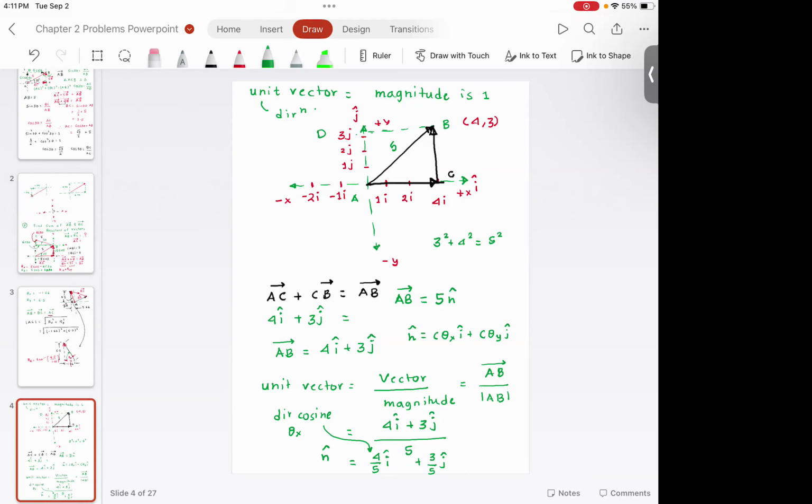Okay, once again. So here is what I said. When I say travel 1 i, you travel 1 unit in i direction.